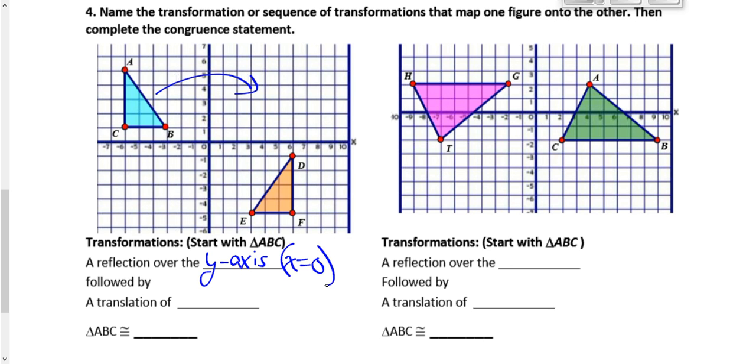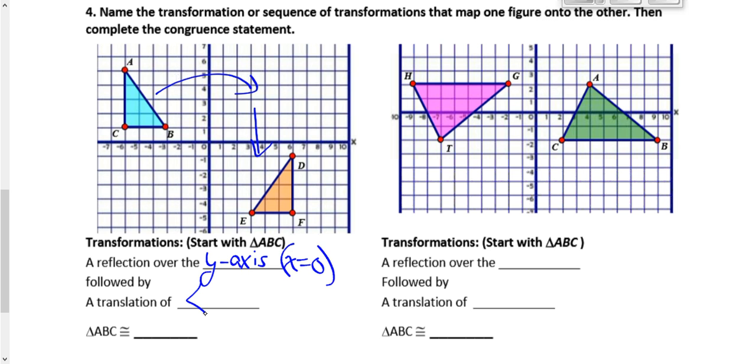And then a translation of what? Let's do a vector. What would the translation be? Okay, give me the vector notation for that, 6 down. Did it go left and right at all?